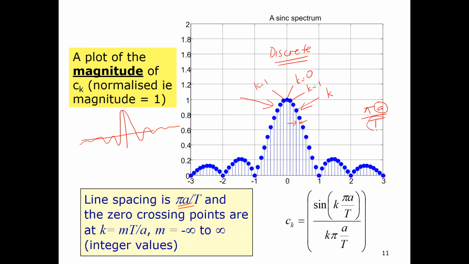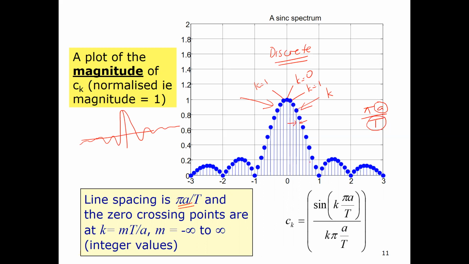As T gets bigger, the spacing decreases. Everybody seeing that? Make sense? All right, good. See, it's a good thing to have your coffee on hand so you can have it at home. There you go. So as A increases, the spacing between these lines gets bigger, and as T increases, the spacing gets smaller.